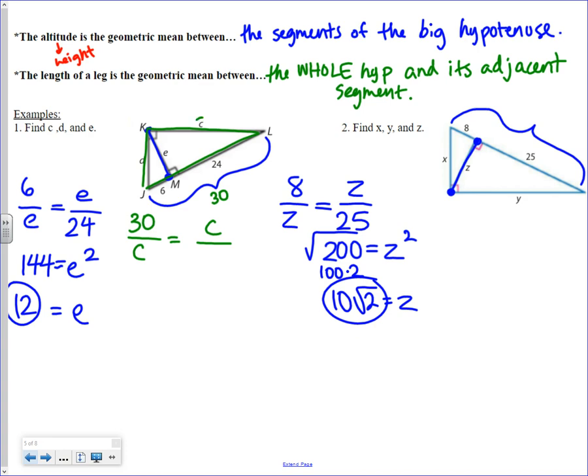So that's one of my extremes, and its adjacent segment. Now, folks, here's the C, correct? The segment adjacent to it is the segment that's next to it. How big is that segment? 24. So there's my setup. And now we're off to the races, right? Cross multiply. What's 30 times 24?